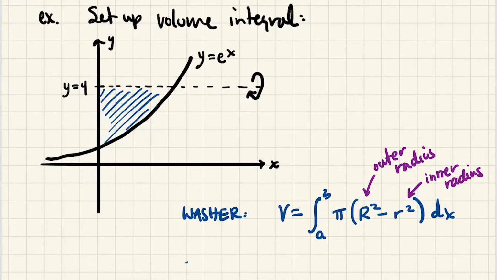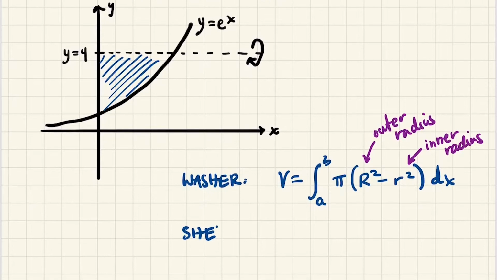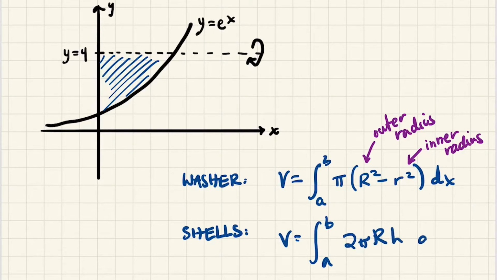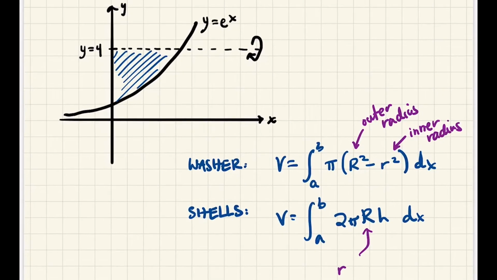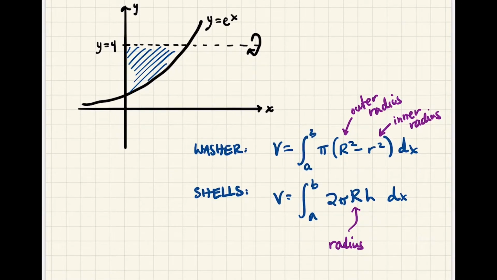Then we had the shells method, cylindrical shells, which was 2 pi r h dx. Here, r is the radius and h is the height of the shell. And r and h both would depend on x.